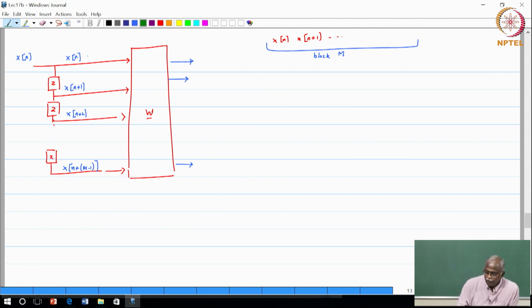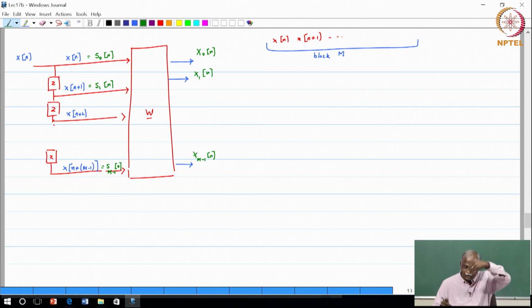For a systematic approach, label these as S naught of n, S1 of n, and Sm minus 1 of n. Outputs, let me call these x0 of n, x1 of n, xm minus 1 of n. Again, I am treating it strictly as a transform.